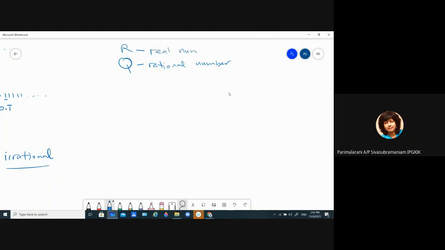Real numbers. You already studied this in your MTZ 1024. Real numbers. And then we have integers. Anyone can tell me what alphabet we use to represent integers? Z. Okay, Z. How about whole numbers?